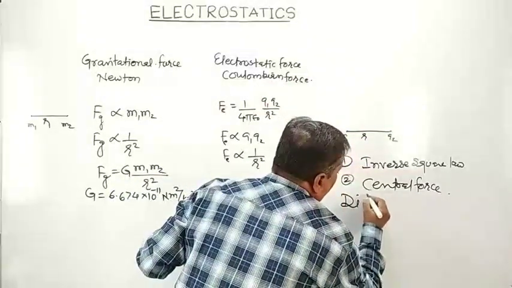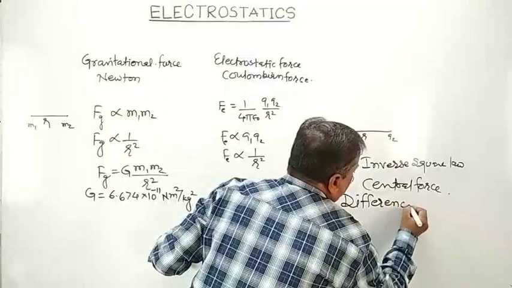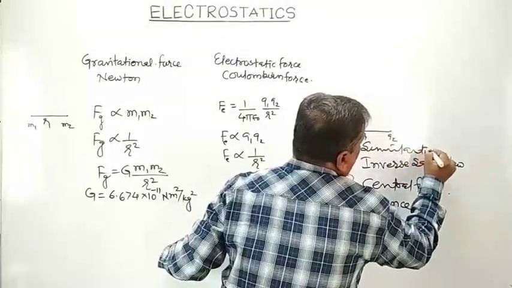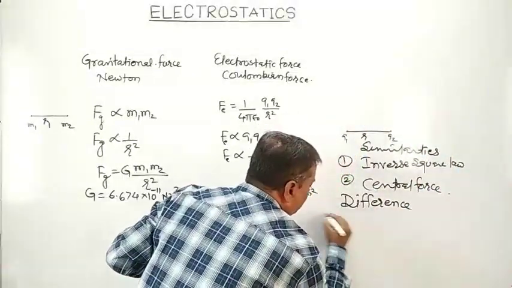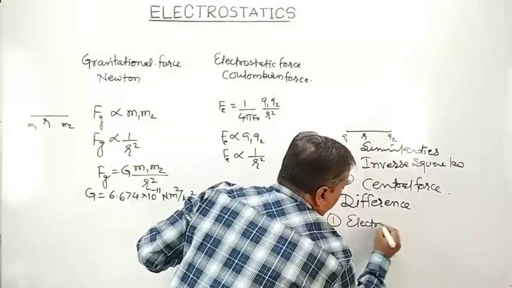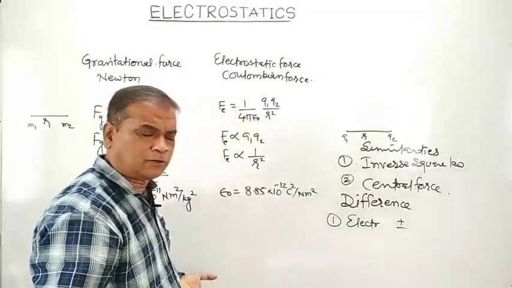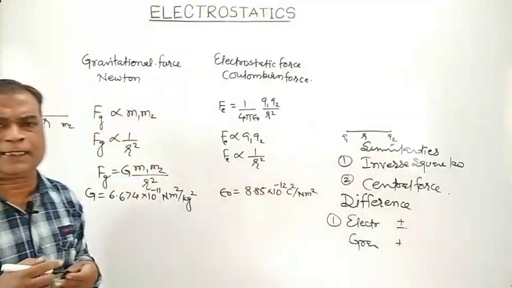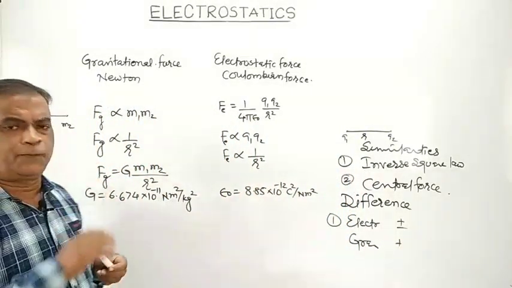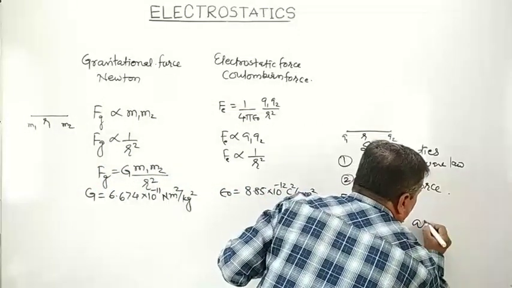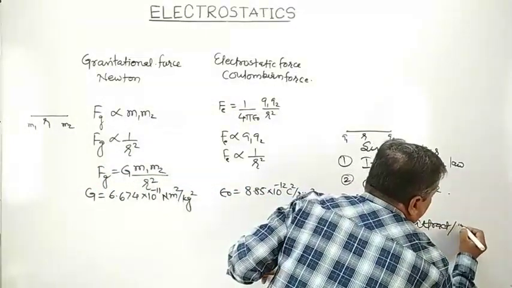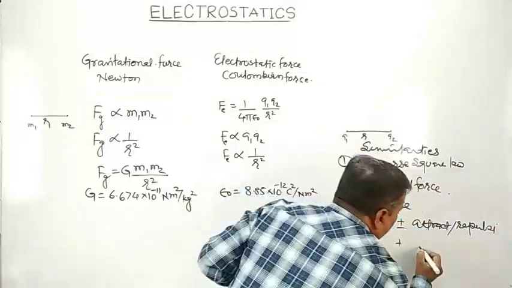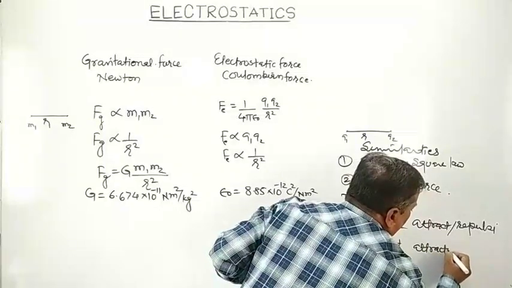Here these are the similarities, and here the difference. What is the first difference? The electrostatic force may be a force of attraction or force of repulsion, but the gravitational force is always a force of attraction.